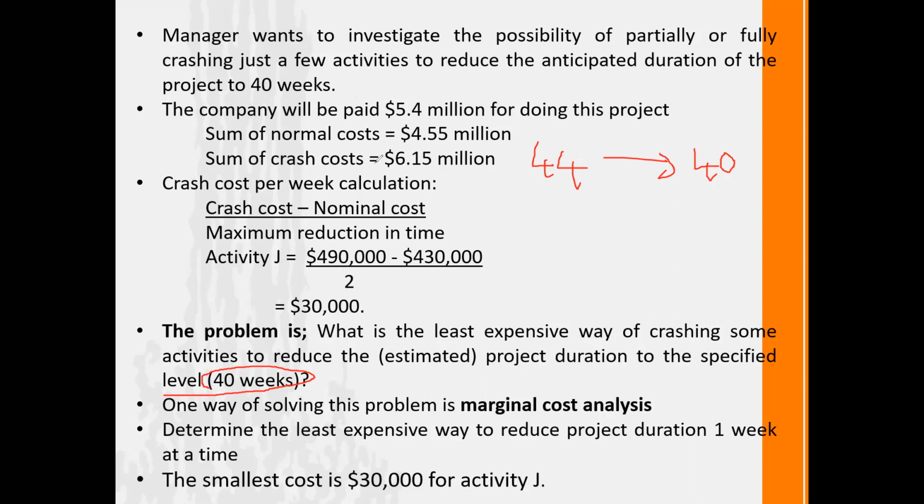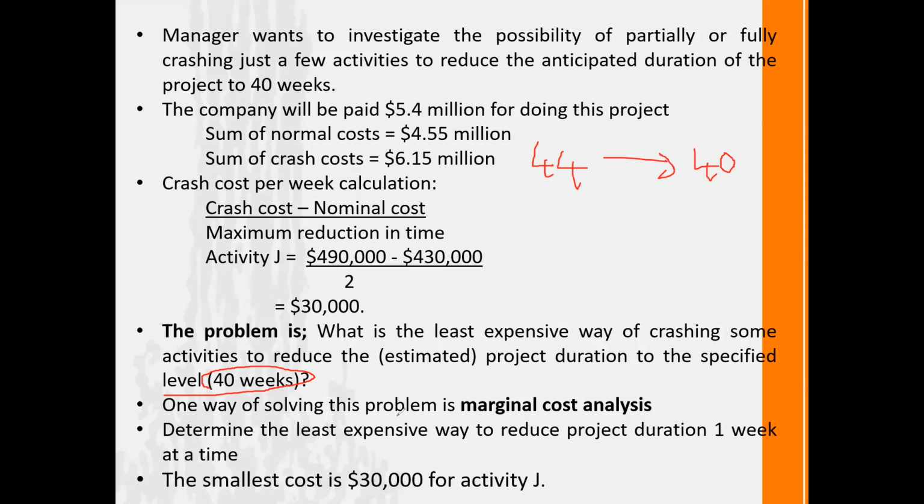Our total crashing cost is 6.15, but we cannot go with that crashing cost because we are only receiving 5.4 million, so we end up with a loss.